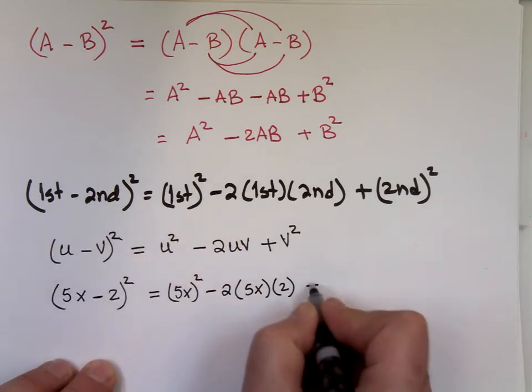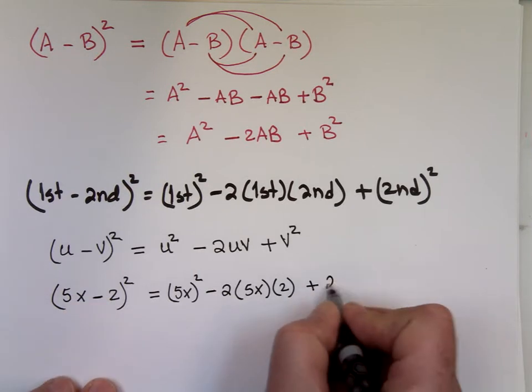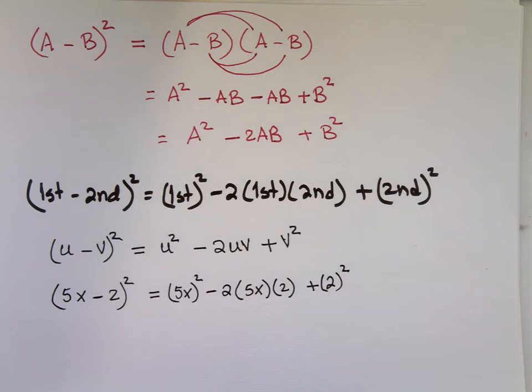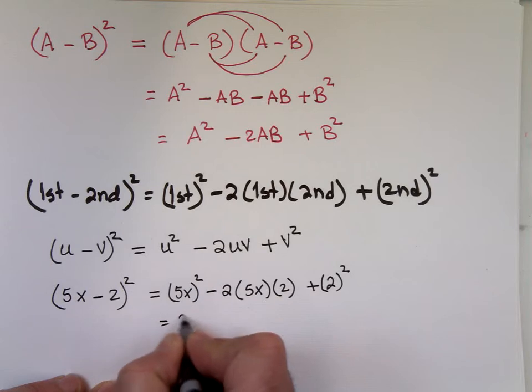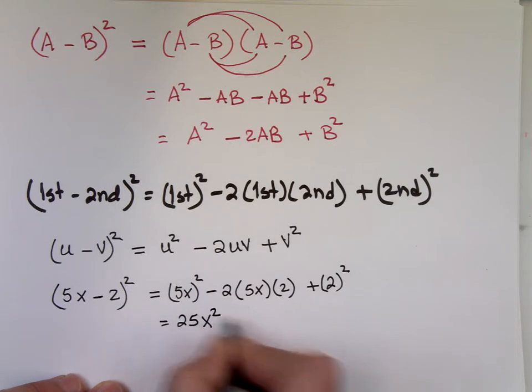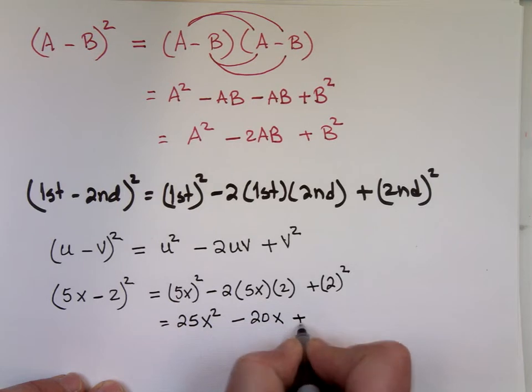Plus, square the second one, 2 squared. So what's my answer? 25x squared minus 20x plus 4.